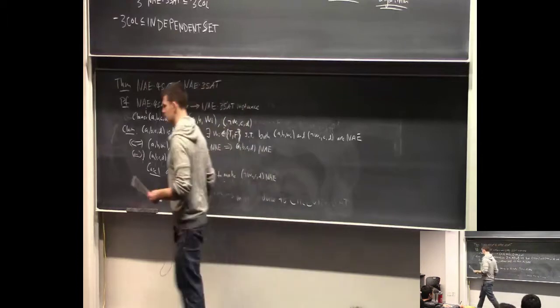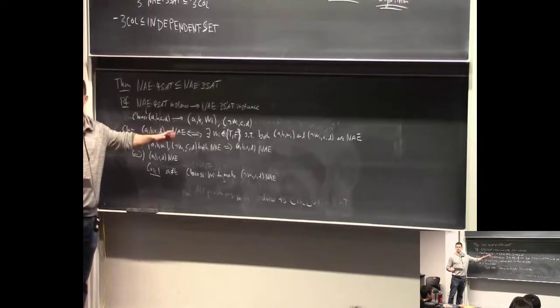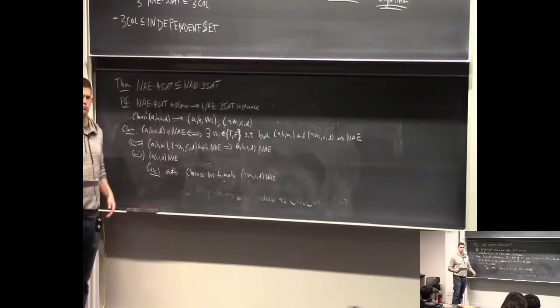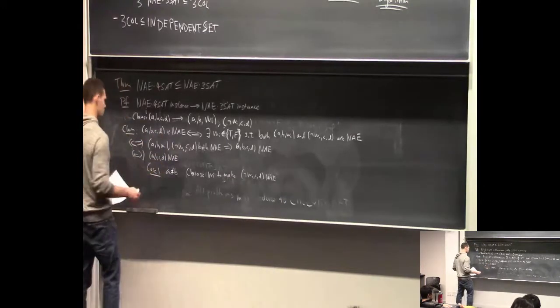The reason I'm allowed to do that is that since A is not equal to B, the first clause is already satisfied regardless. So I have freedom to choose WI how I will. I can choose it to make the second clause NAE. So that's what you can do if A is not equal to B.